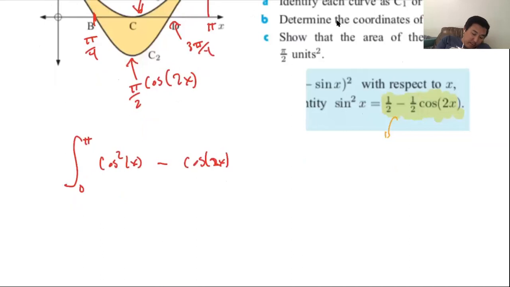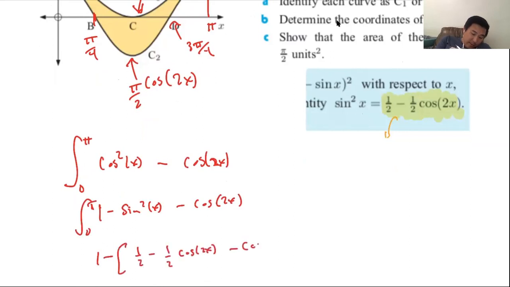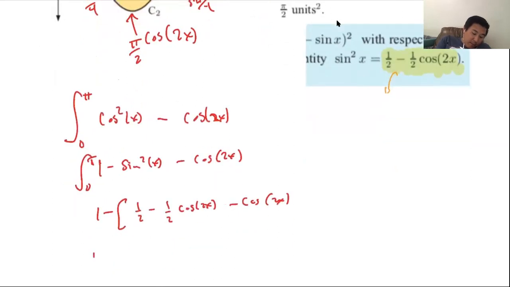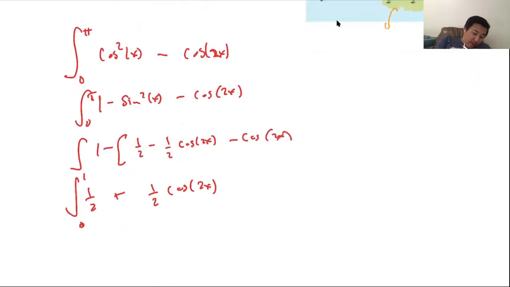So this right here is equal to 1 minus sine squared x minus cosine 2x from 0 to pi. And this turns into 1 minus 1 half minus 1 half cosine 2x minus cosine 2x, which is 1 half plus 3 over 2, no, minus, plus 1 half cosine 2x, the integral from 0 to pi dx.